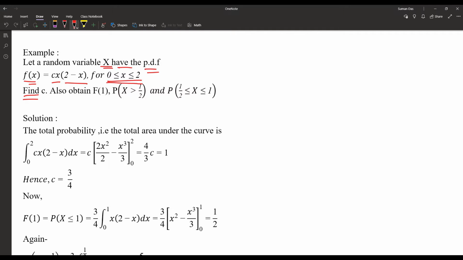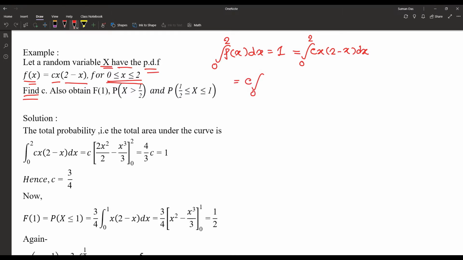As f(x) itself is a PDF and the range is from 0 to 2, the integral from 0 to 2 of f(x) dx is 1, which is the normal property of a PDF. Now, writing f(x), it is the integral from 0 to 2 of c x (2 minus x) dx.